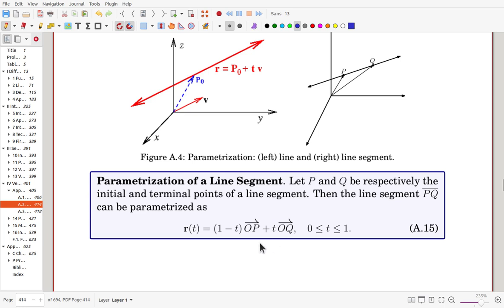You can easily check that t must be restricted to the interval from 0 to 1. If t is 0, then we have the vector P, and once t is 1, then it is just OQ, the vector here. So R of t, defined in this way, with t moving from 0 to 1, will make this line segment. Okay?